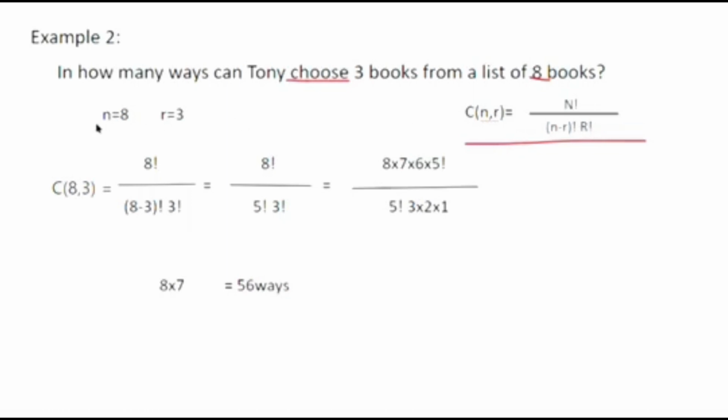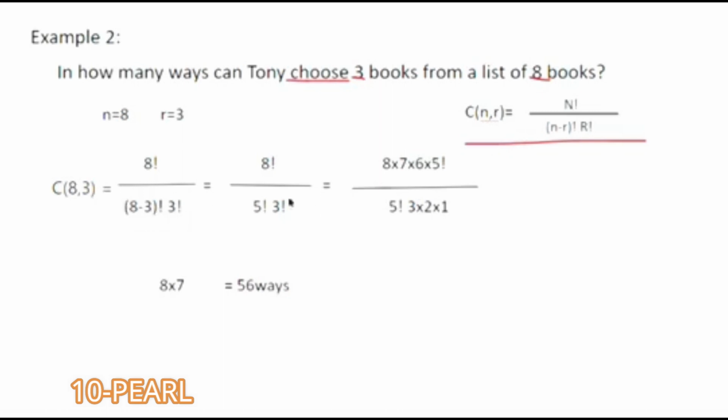So, yung n natin is 8 and yung r natin is 3. So, simplify natin siya, substitute natin yung formula sa ating given. So, combination 8, 3 is equal to 8 factorial over 8 minus 3 factorial times 3 factorial.